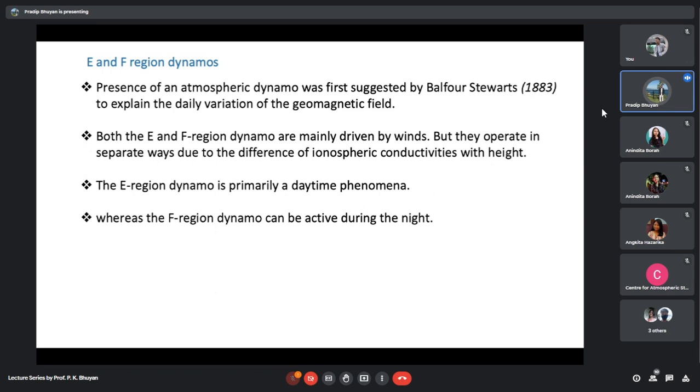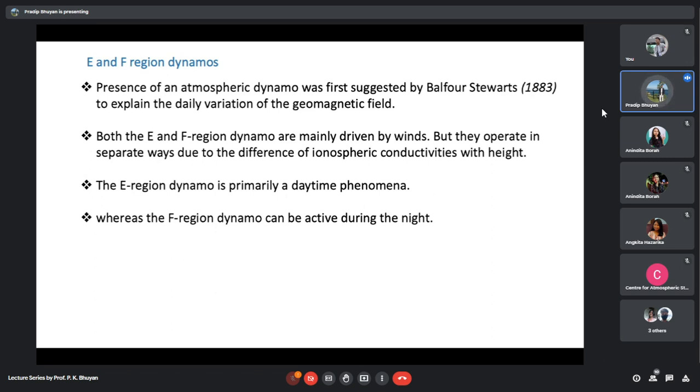Below 5 megahertz, or say 4 or 3 megahertz, it is very difficult to detect. The E region critical frequency becomes lower, and it depends on the electron density. So the E region electron density at night becomes very low, and as a result, it becomes a daytime phenomenon.